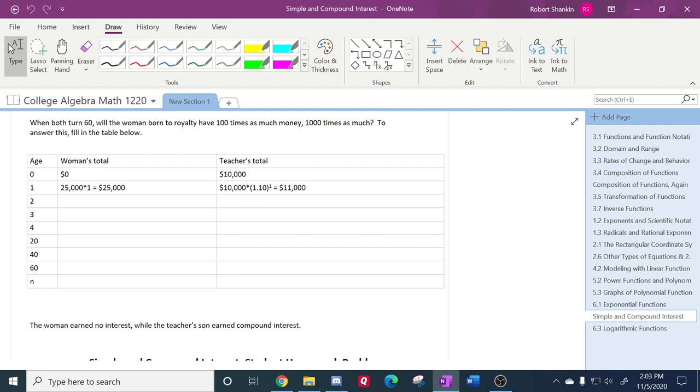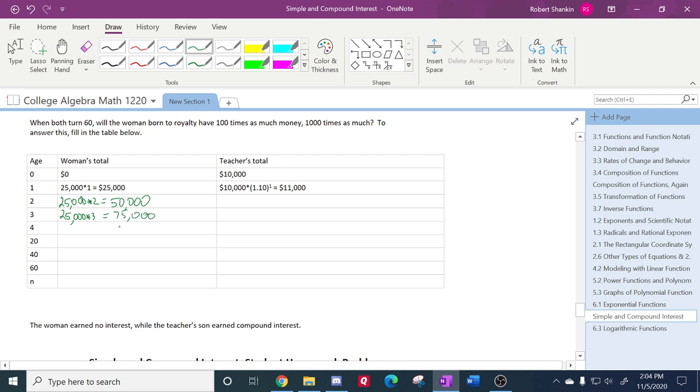All right, so all we do here is multiply 25,000 times the number of years. 25,000 times 3 is $75,000.